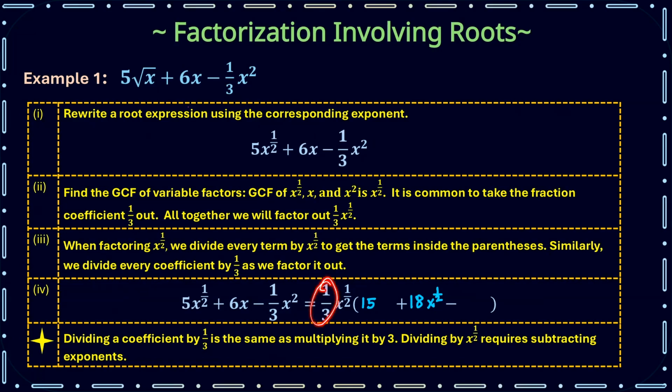Here, 1/3 is already factored out. To factor out x to the 1/2 from x squared, we are dividing x squared by x to the 1/2. You can just subtract their exponents. We have 2 minus 1/2. You can write 2 as 4 divided by 2 because I want to make the denominators the same. 4/2 minus 1/2 gives you 3/2.